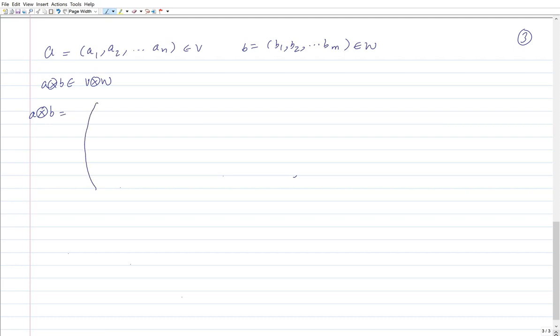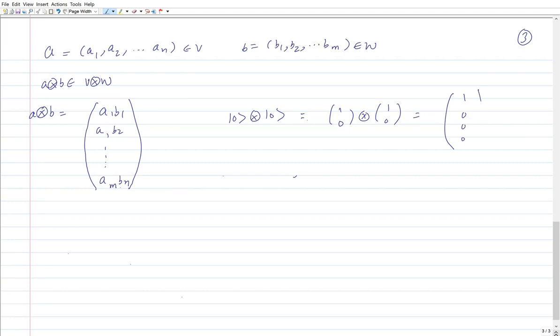I can represent it by another column vector. For example, let's say I have two vectors, and that would be represented by a column vector with a dimension of 4.